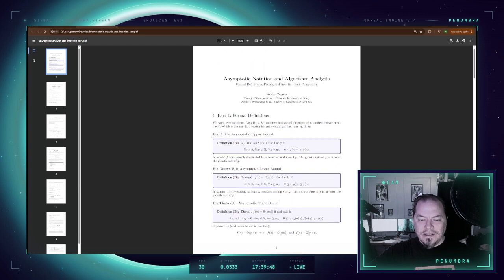In this case, if we're running an algorithm, we're running it on something. We're not running it on a negative data set. So it's going to be counting iterations through the algorithm.